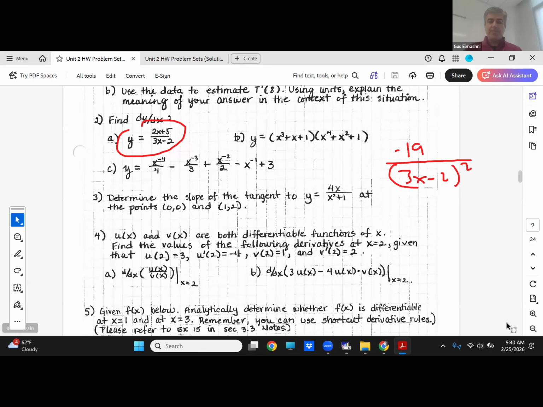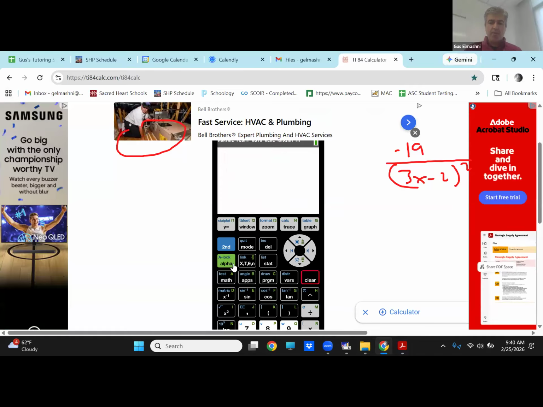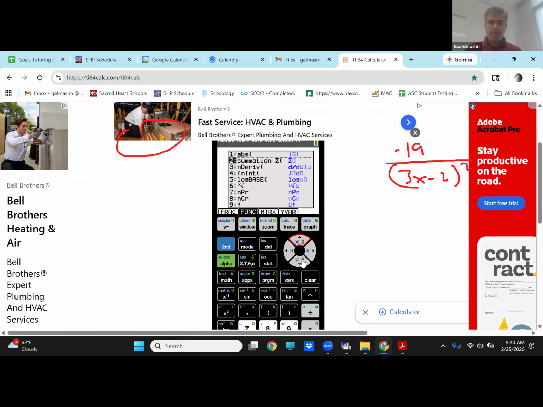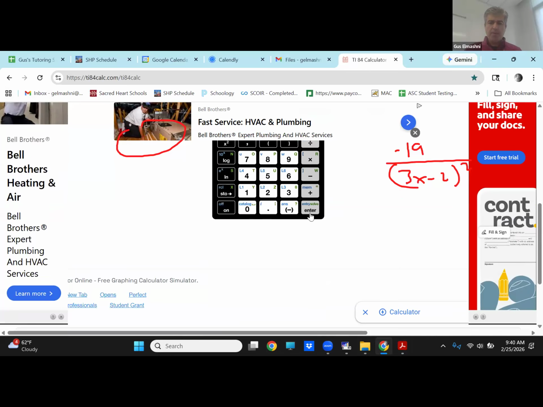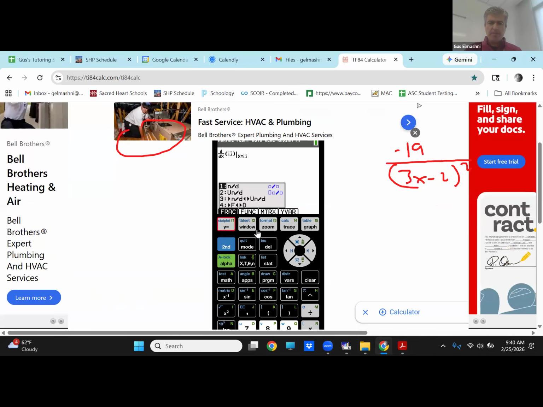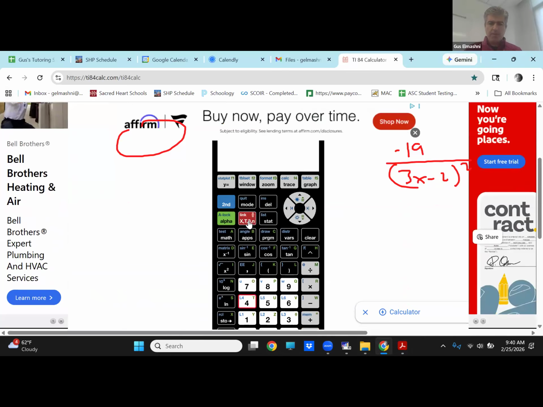And by the way, you can verify this going back to the calculator again. So if I go back to the home screen, alpha window, option 3. And what was it again? Was it 4x over what? So 4x.